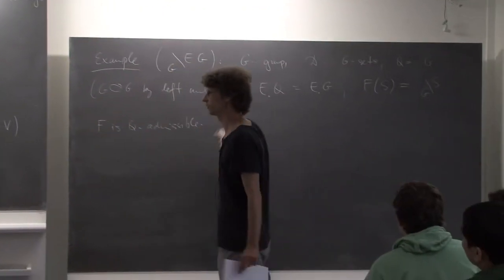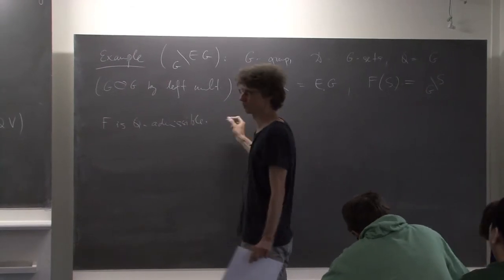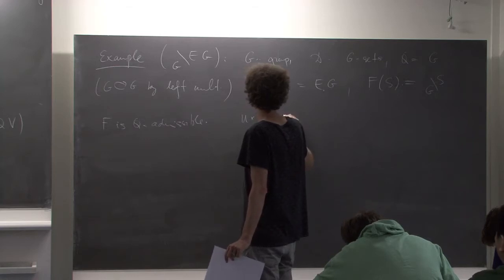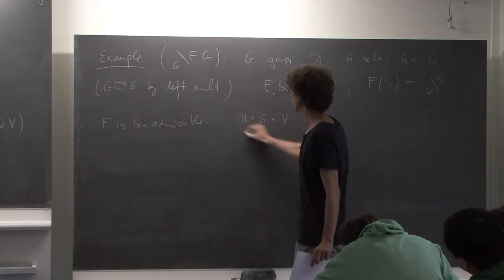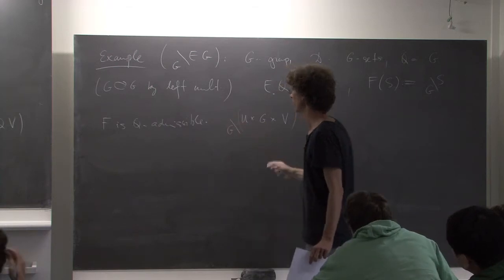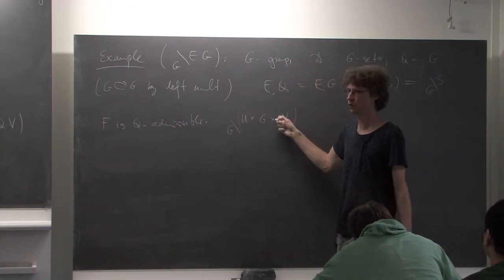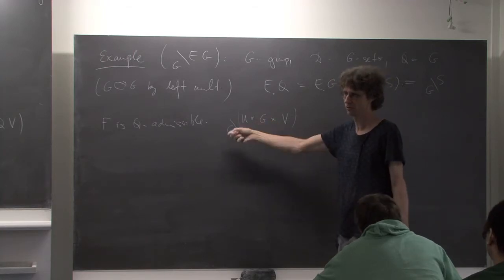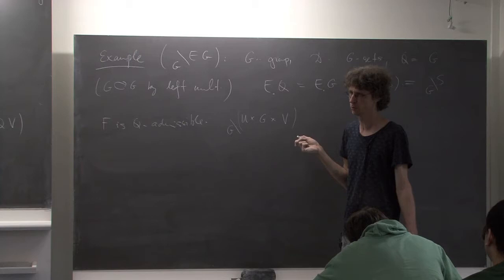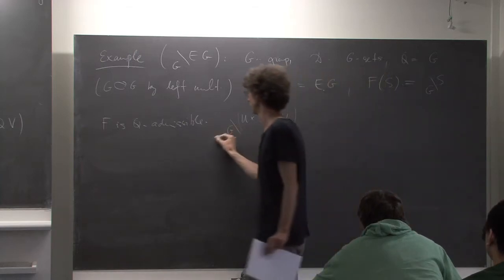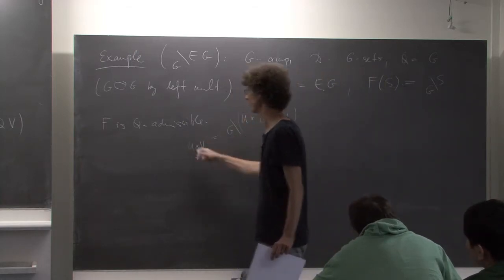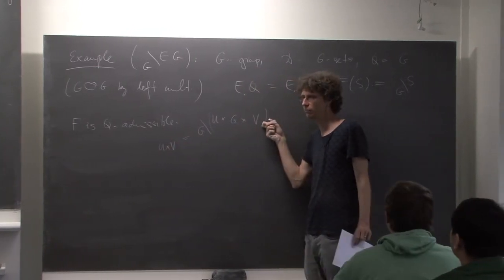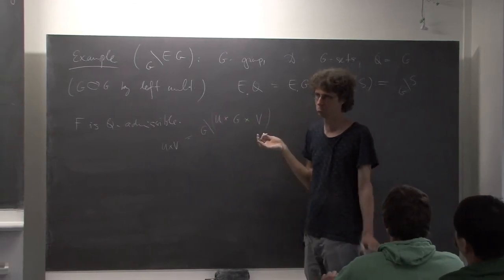It becomes sort of stupid, right? You just have some sets, U times G times V, and you take this modulo G. Now, whatever the action of G is on U and V, when it acts here just by left multiplication, then this quotient can be simply identified with U times V. You just embed U times V here as U times 1 times V, and that's a section for this reduction.